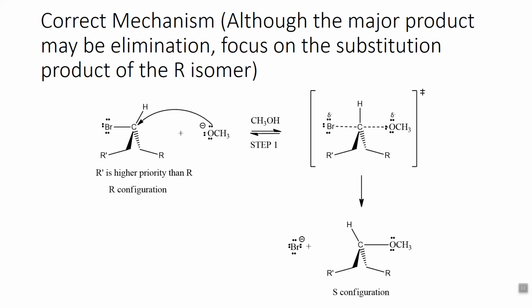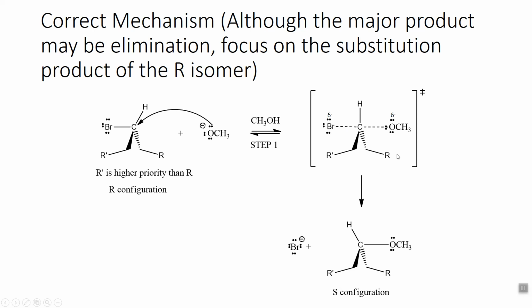Okay, now for the correct mechanism. So again, I'm told to focus on the substitution product of the R isomer. So here we have methoxide, which is a strong nucleophile, coming in and attacking this carbon. This leads to the transition state where the methoxide is coming in and kicking out the bromide on the other side.